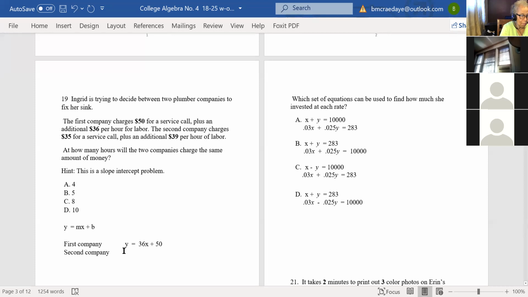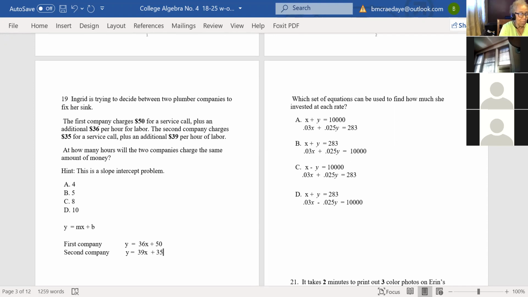How much per hour? 39. Yes, it would be y equals 39x, because that's the rate of change, plus 35.